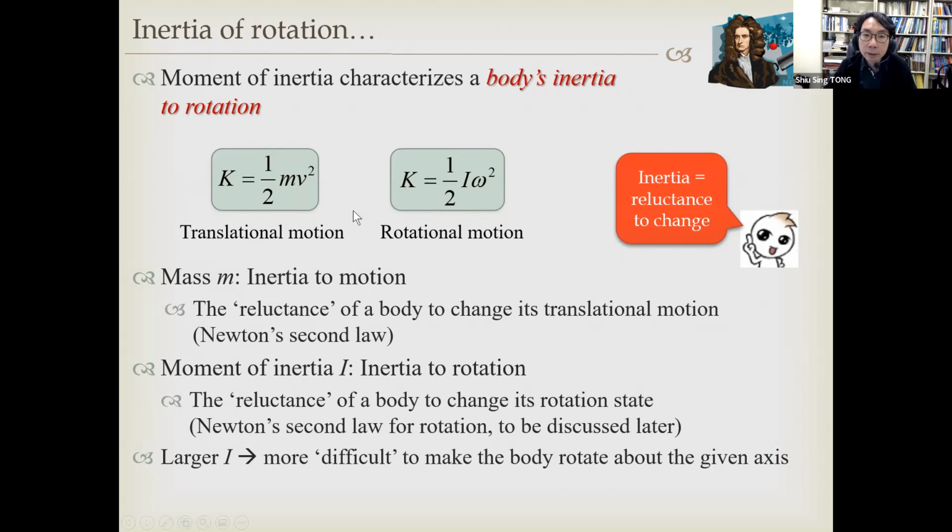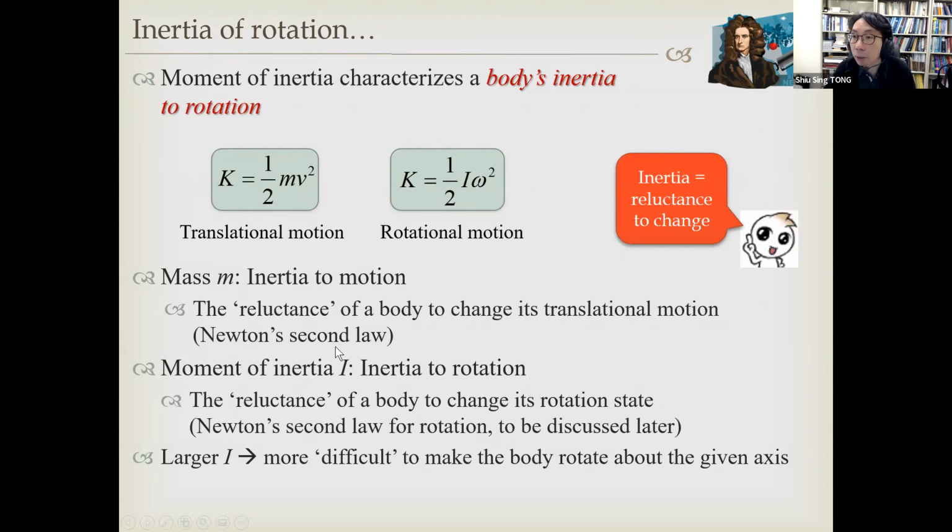Now, that similarity tempts us to identify any similarity in the concept of this quantity. Now, m in linear motion refers to the inertia of motion, right? The mass of an object is inertia to motion. And that means the reluctance of a body to change its translational motion.